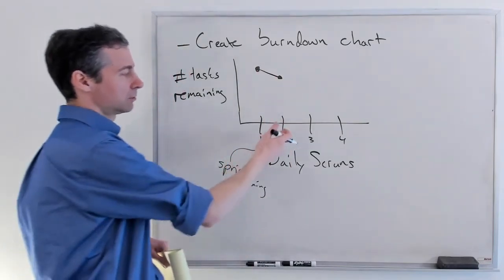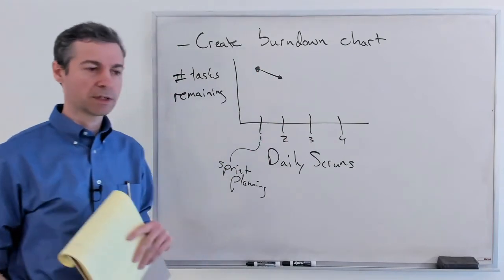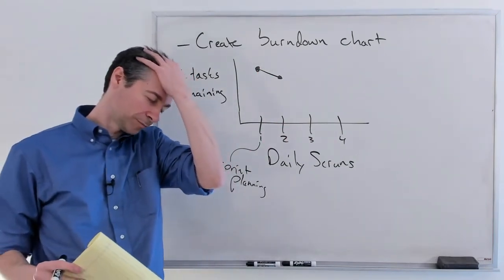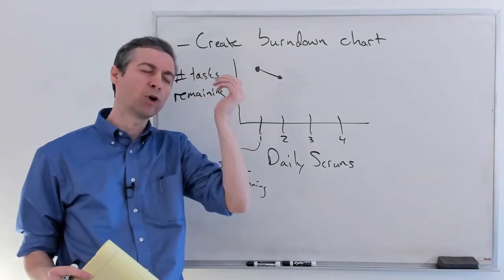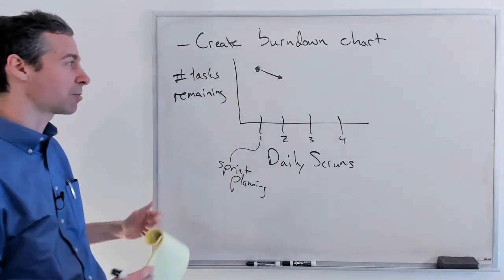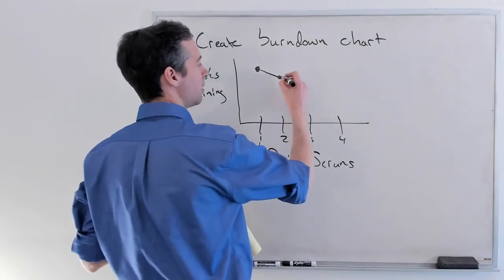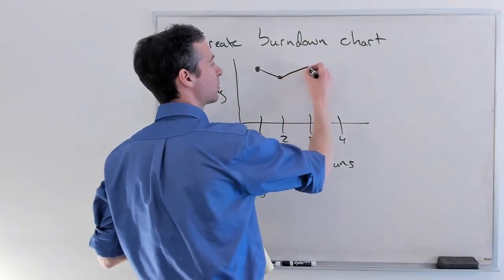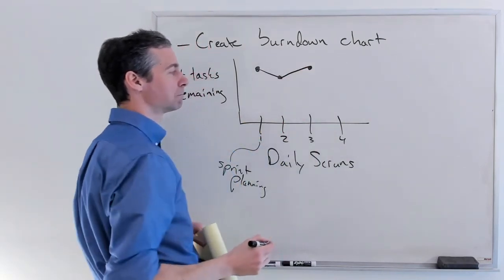All right. Then at the next daily Scrum, people come up and they go, oh, I can't believe it. There's so much stuff that we forgot about. They did do work, but someone notices there's a whole bunch of stuff and the count can go back up.